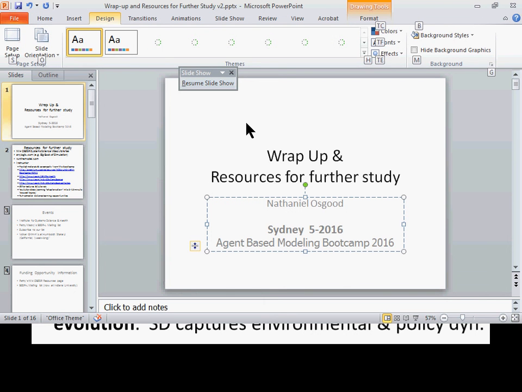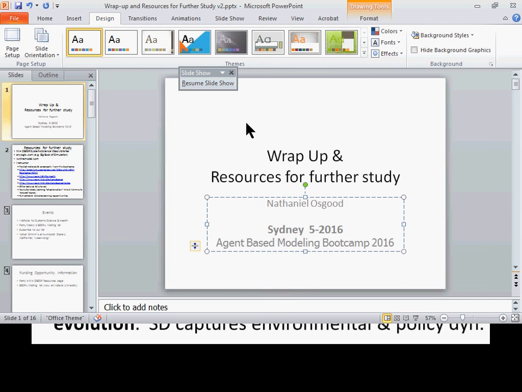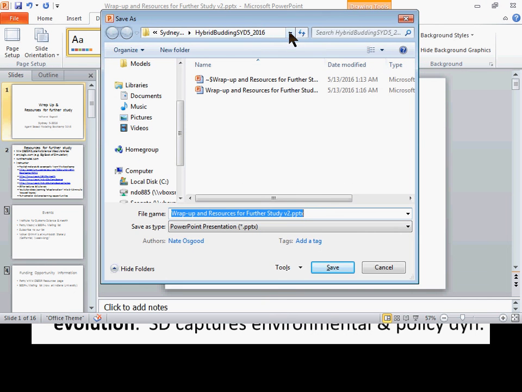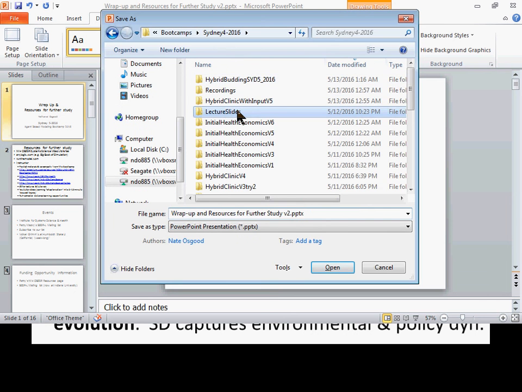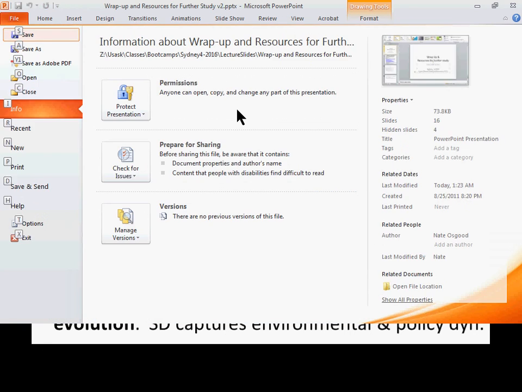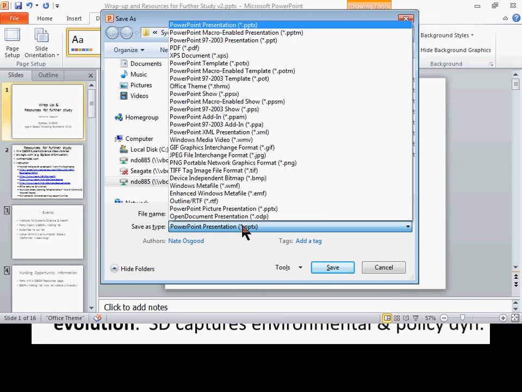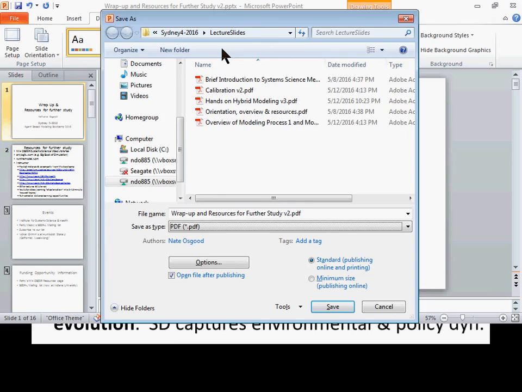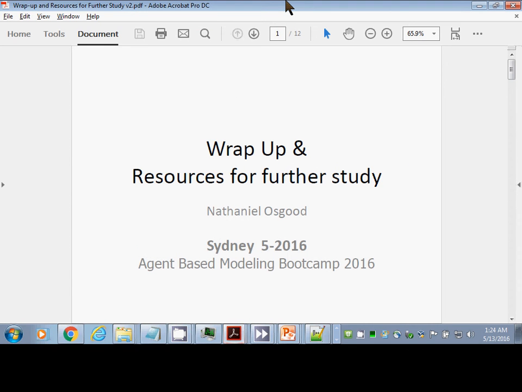It was this one here, right? Okay, it was on hybrid budding. I don't know why it was there. Okay, let me go up. Lecture slides. Okay, here we are. There we are. But you can put in a 5.5. Okay, and then I'll put it up. Okay. There we go. I was like, what the heck is that?